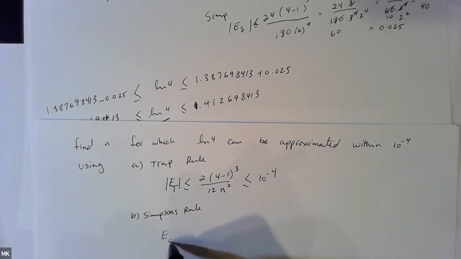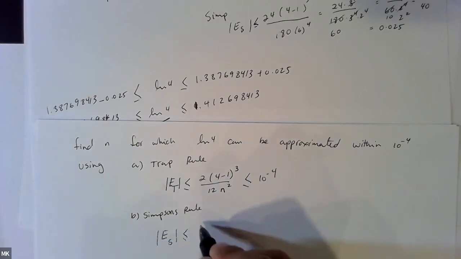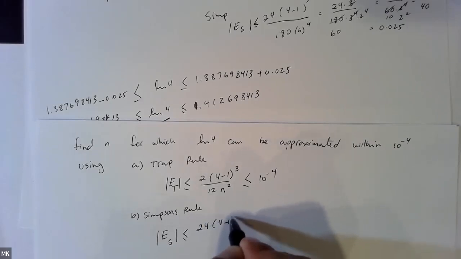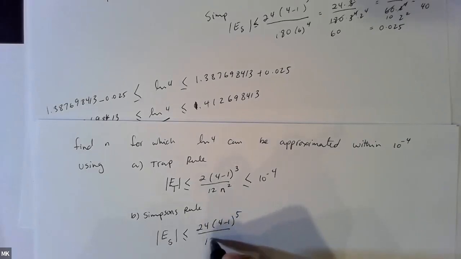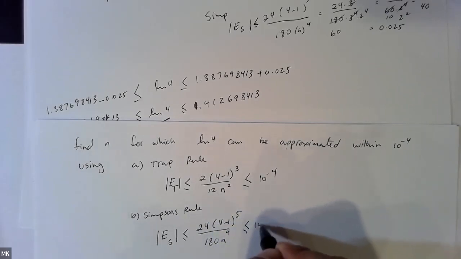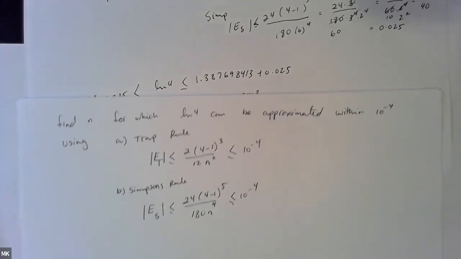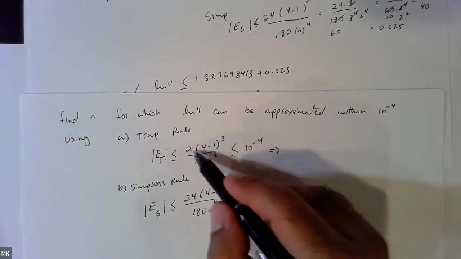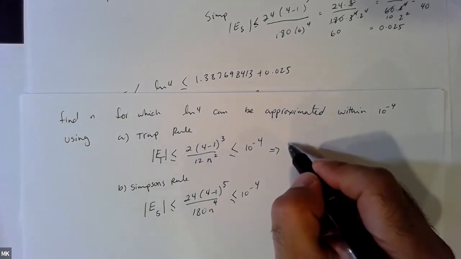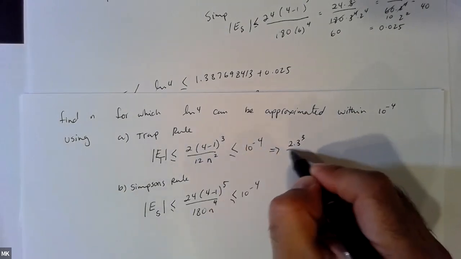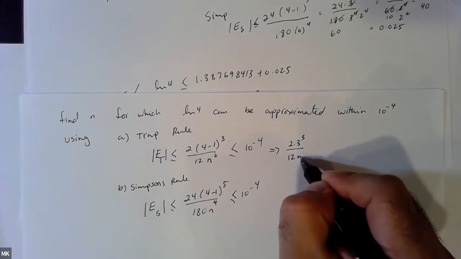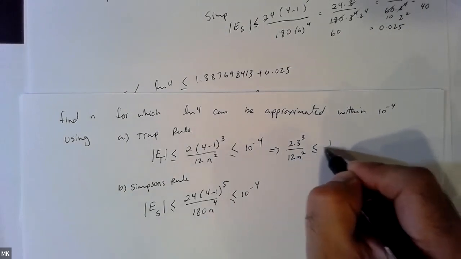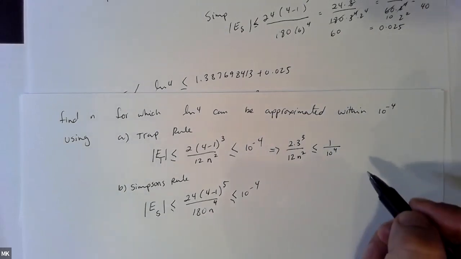For Simpson's rule, I would say the same thing, but now I would say 24, which is the K we found, times (4 minus 1) to the fifth power over 180, once again with n that I don't know. And I want this to be less than or equal to 10 to the negative 4. So from here, I get 3 cubed times 2 over 12 n squared should be less than or equal to 1 over 10 to the 4.